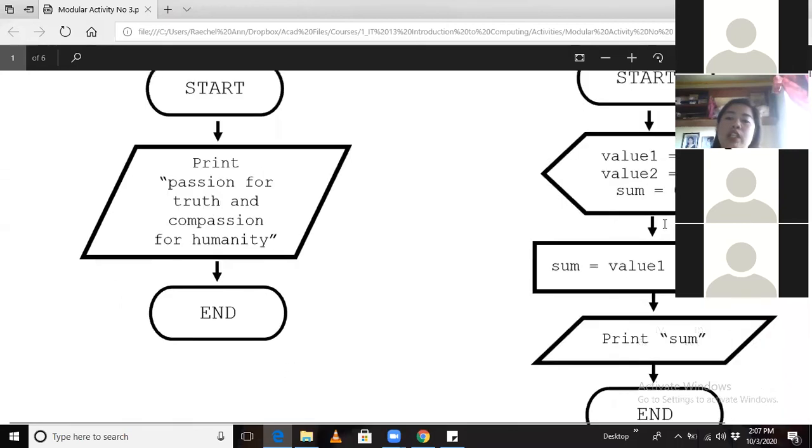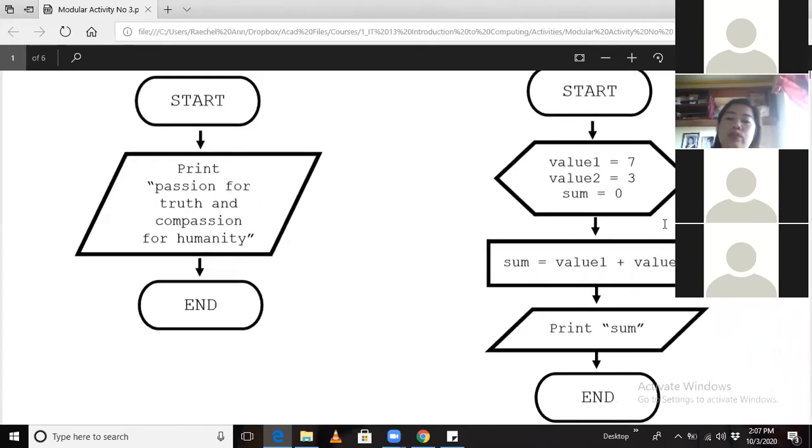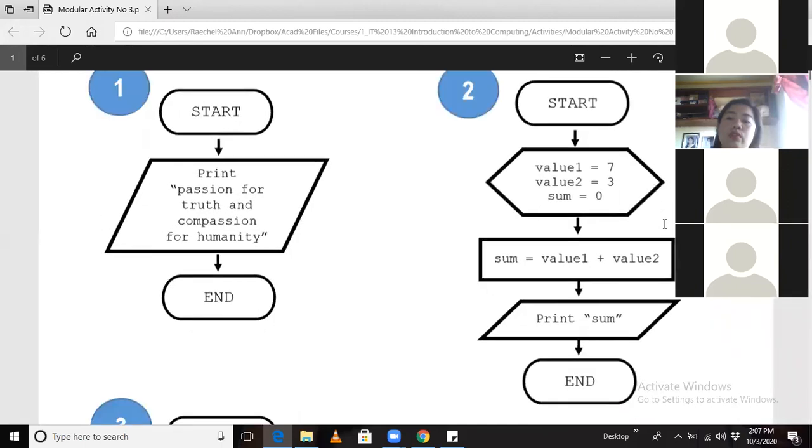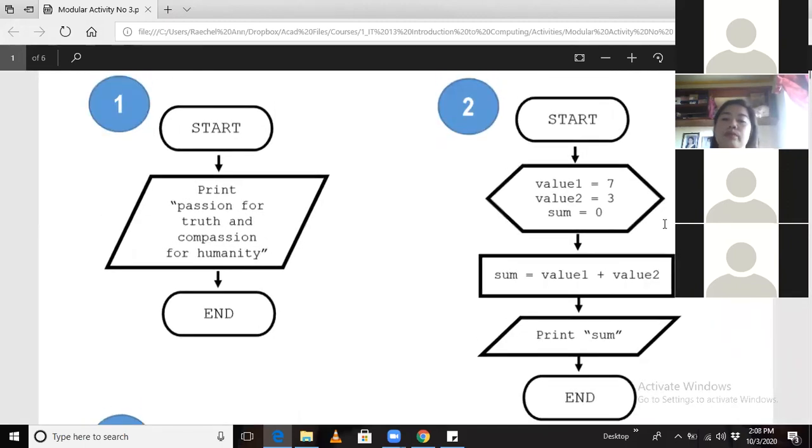Anong ginagawa natin sa number 2? Anong type of flow ang number 2? Sequential, ma'am. Sequential.